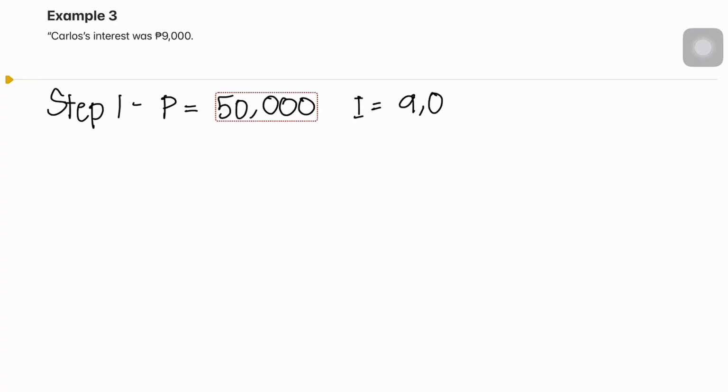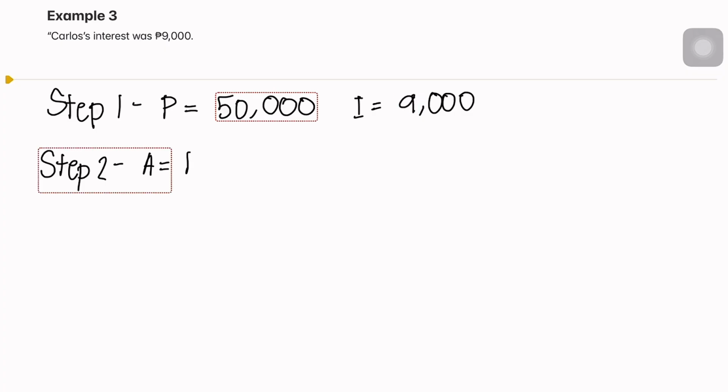Moving on to example number 3, same process. We just have to use the values of our P and I from the example of solving for the interest. So our P is 50,000 and our I is 9,000.